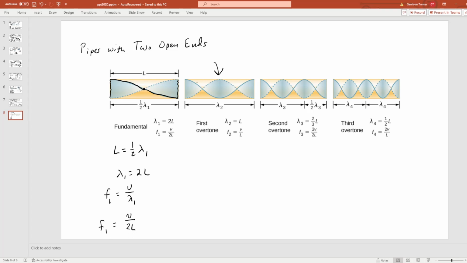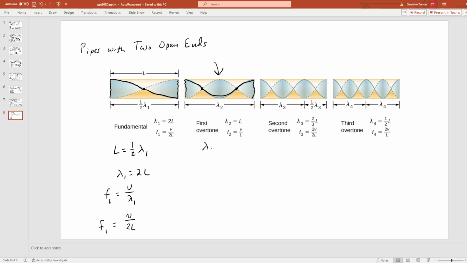So my first overtone occurs when I still have antinodes at both ends, but now I increase the nodes inside by 1, and that means that my nodes have to occur here. And this is 1 full wavelength.